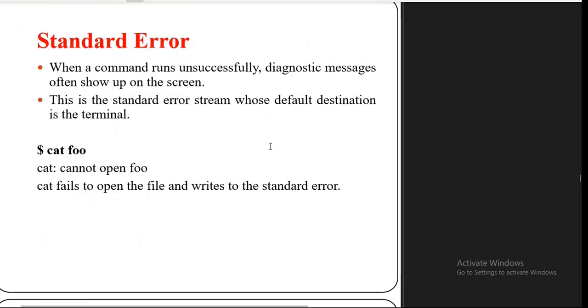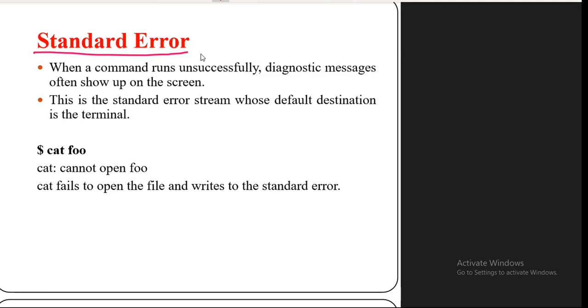So another standard stream is standard error. Most of the time when I executed commands, you observed sometimes I got errors if the file is not existing or if I have given the file name wrongly. So normally it will raise an error, and the shell is going to display a diagnostic message to indicate the reason for that error.